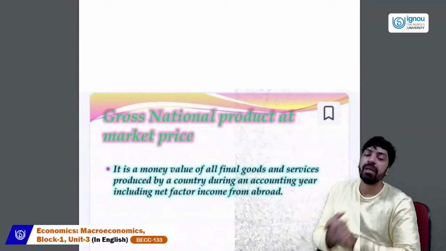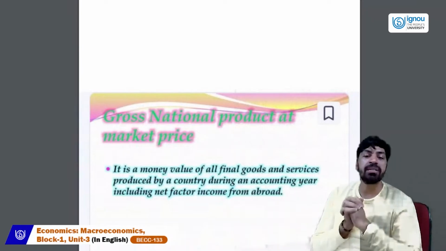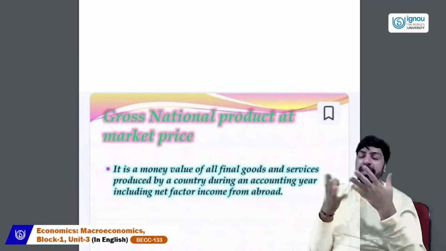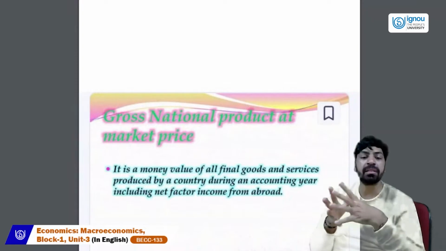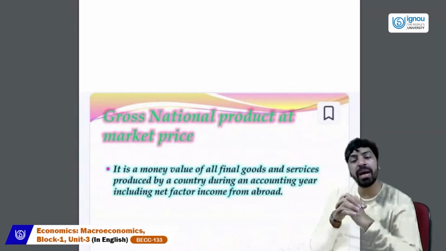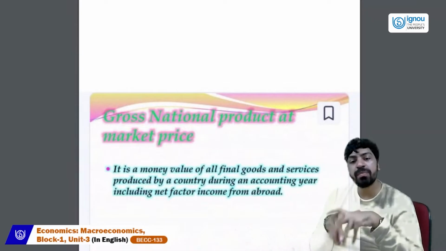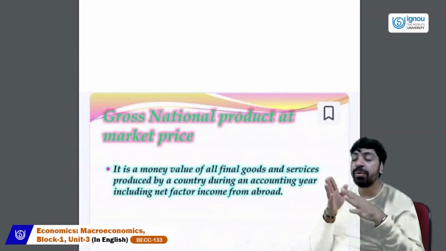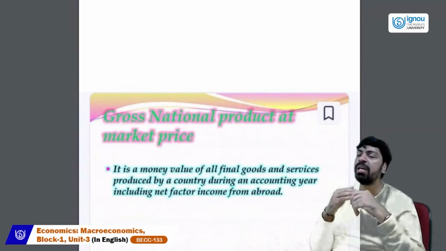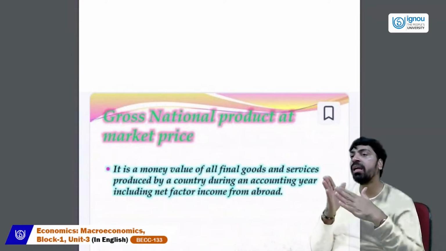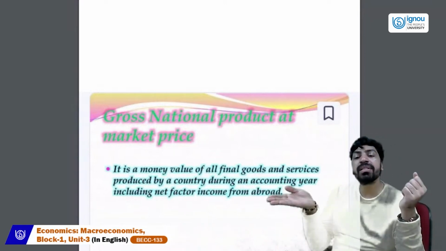When we talk about the gross national product at market price, we are not talking about it domestically. We are of course talking about the foreign sector. It is the total value of money of all those goods and services which are produced by a country, including the net factor income from abroad, which includes the income of the residents and the non-residents of the country.